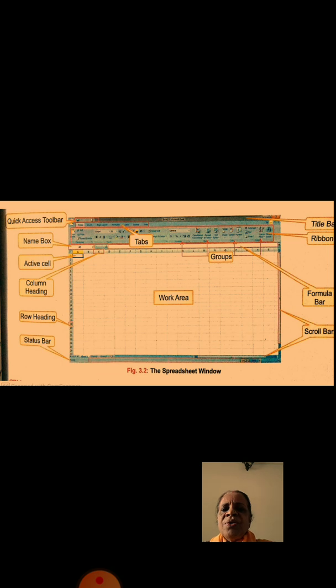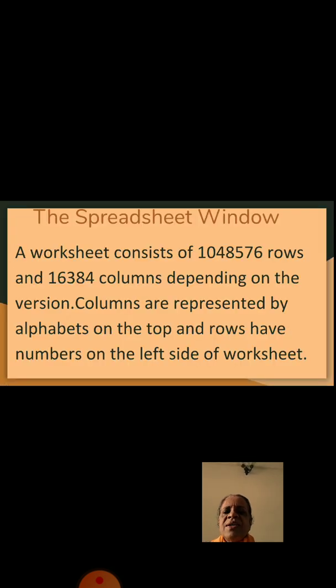You can all see here the alphabets shown as the column headings and the numbers shown as the row headings. At the bottom portion you see the status bar, and also, as usual in all Windows applications, you see the scroll bars on the right and at the bottom.